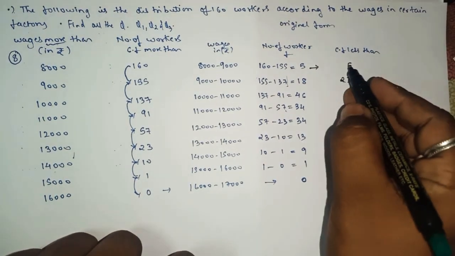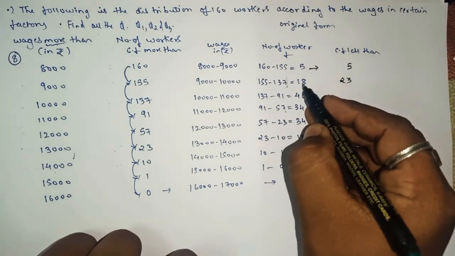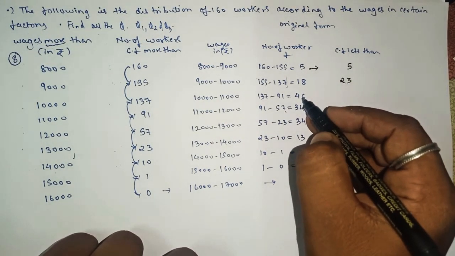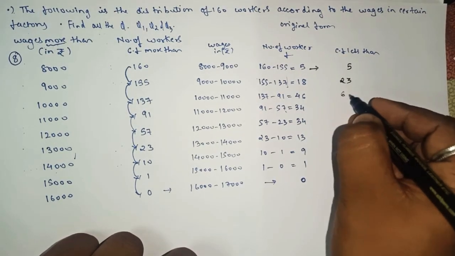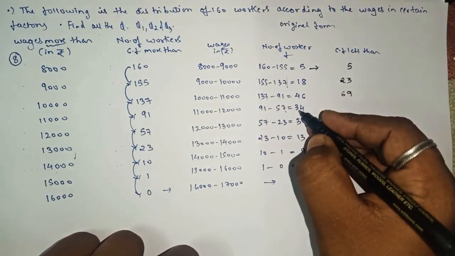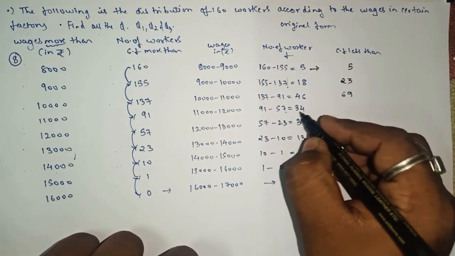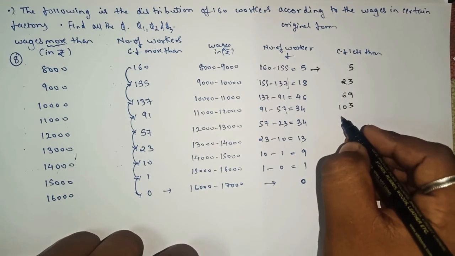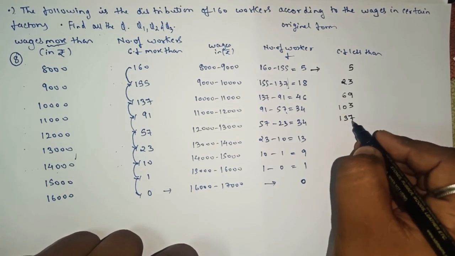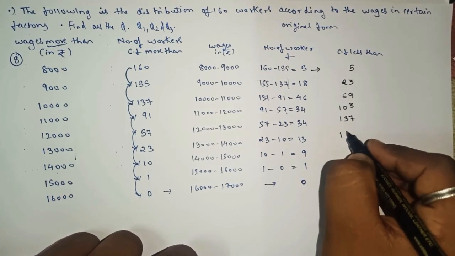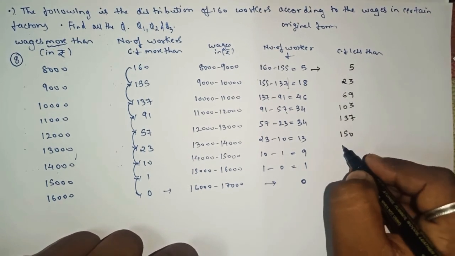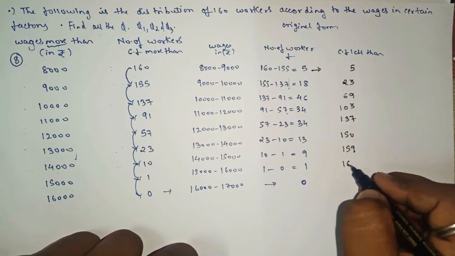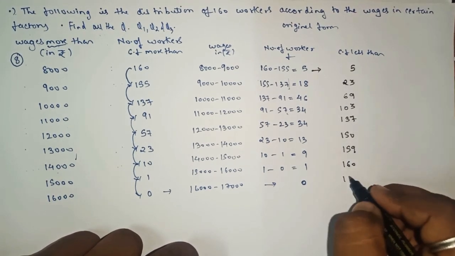Okay, so next, first you will write 5, then 5 plus 18 is 23, 23 plus 46, 69, 69 plus 34, 103, 103 plus 34, 137, 137 plus 13, 150, 150 plus 9, 159, 159 plus 1, 160, 160 plus 0, 160.